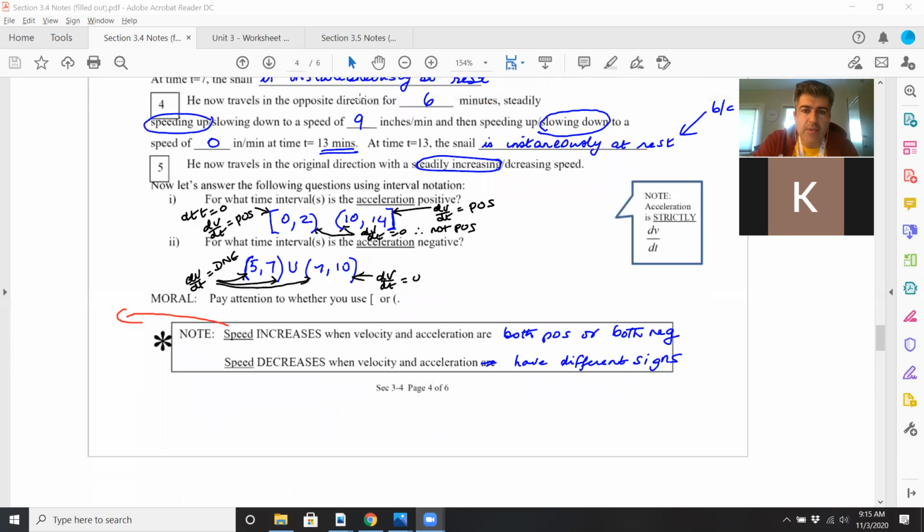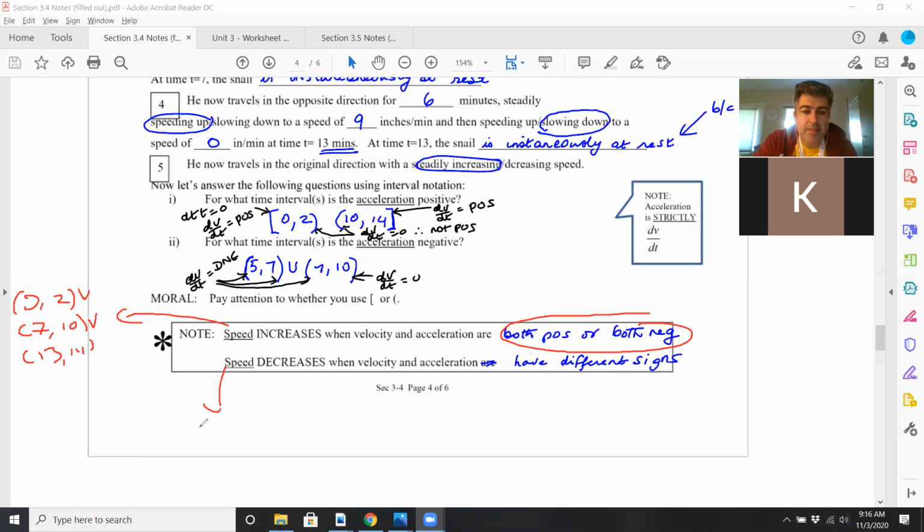Now in this case, because you want both of these to be positive or negative, it's going to be a lot easier to use open intervals. This is where the AP exams say, let's just use open intervals, just avoid the confusion. So your speed increases from 0 to 2, from 7 to 10, and from 13 to 14. And you use these little union symbols for that.